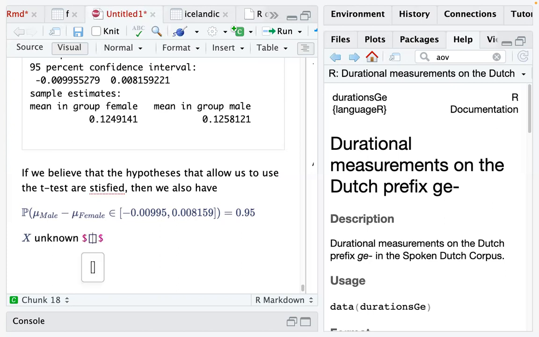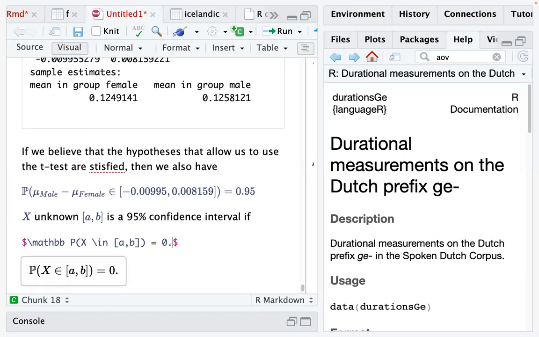AB is a 95% confidence interval if the probability of x in AB is equal to 0.95 or greater.